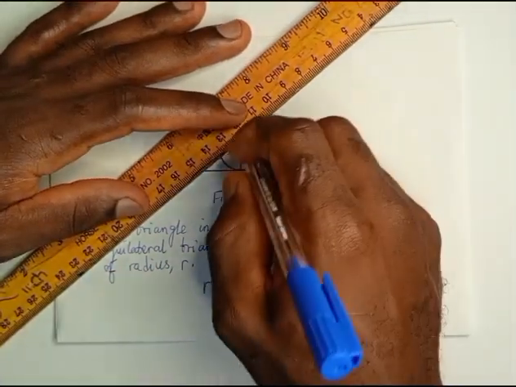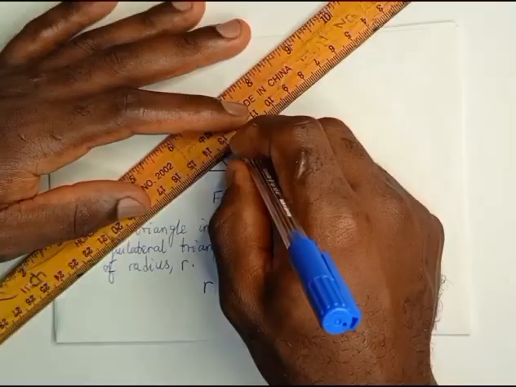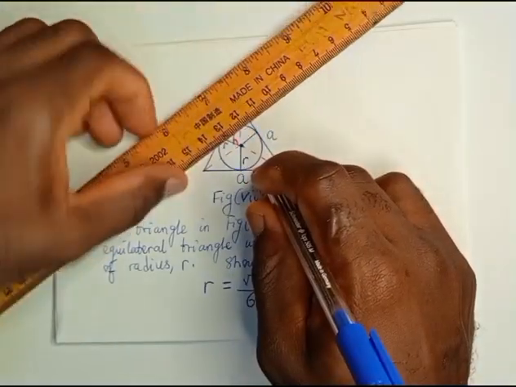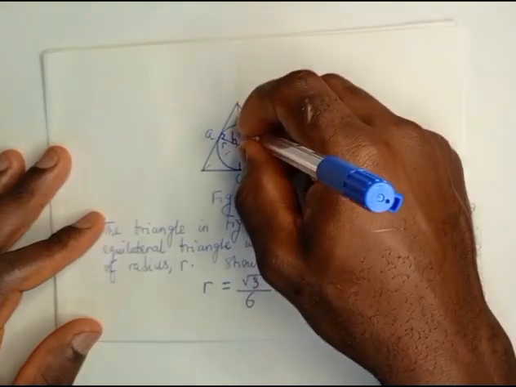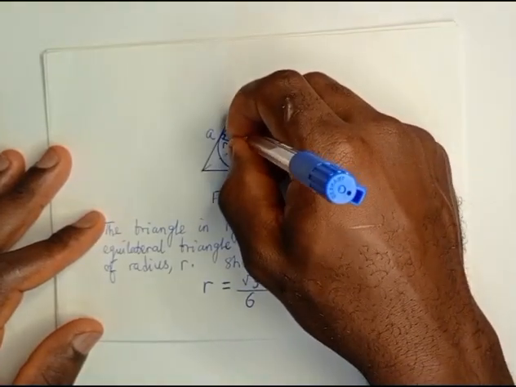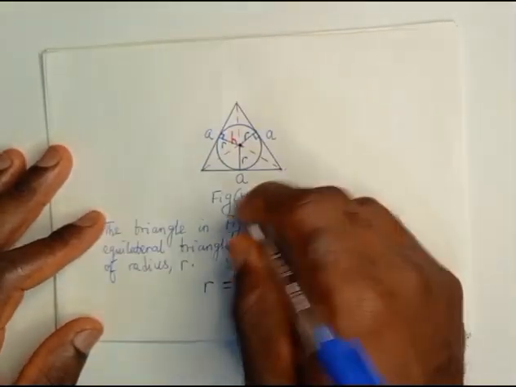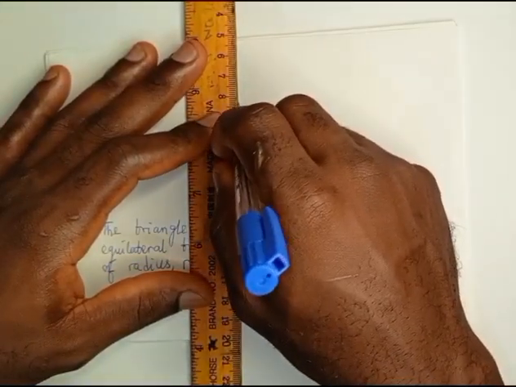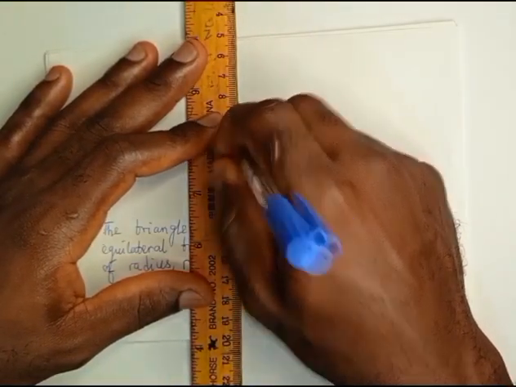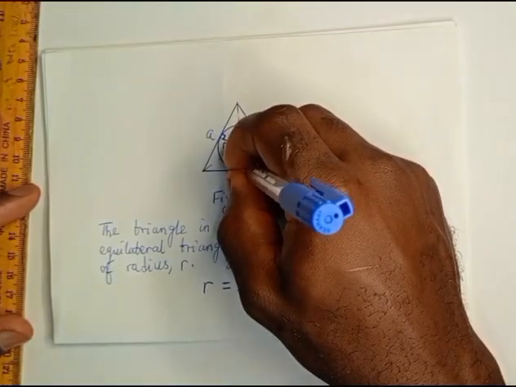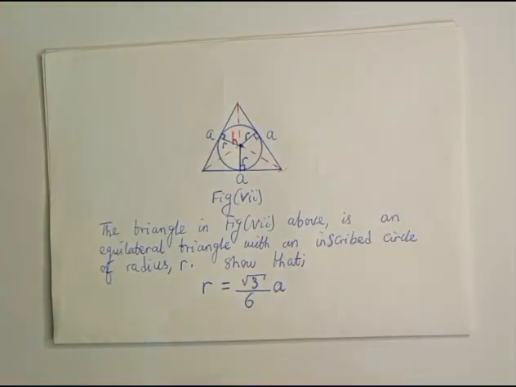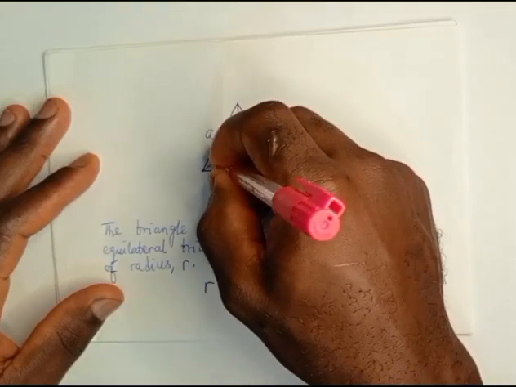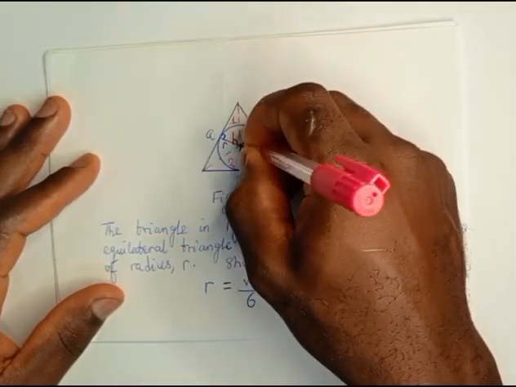For this other case, the vertical height will simply be the radius, which is perpendicular to this line. And for this, the perpendicular height is the radius, which is perpendicular to this other line. This is triangle 1, triangle 2, triangle 3.